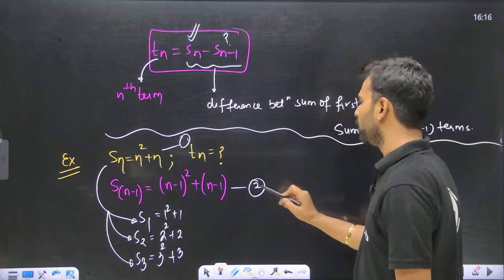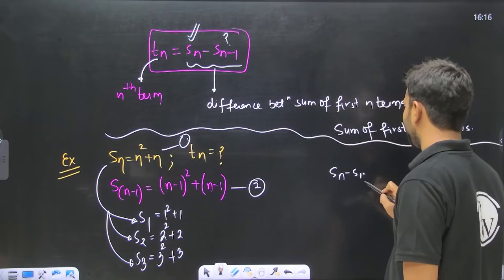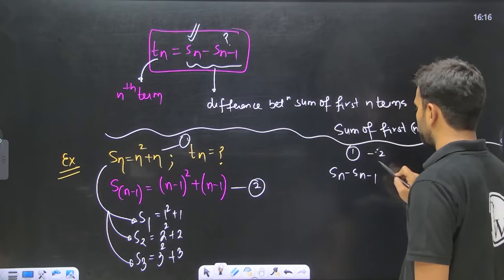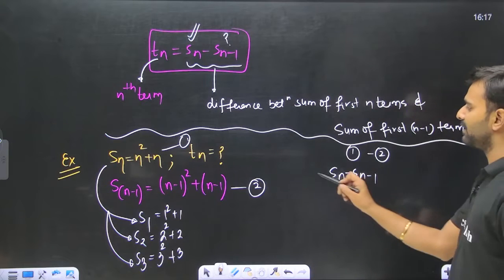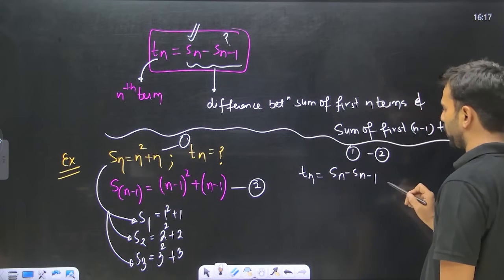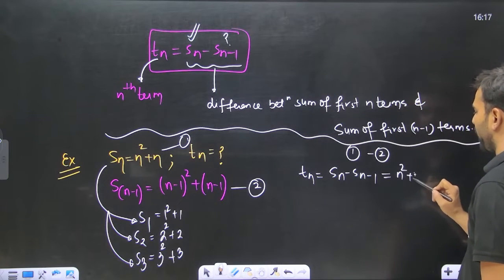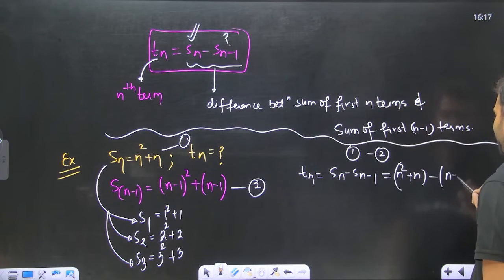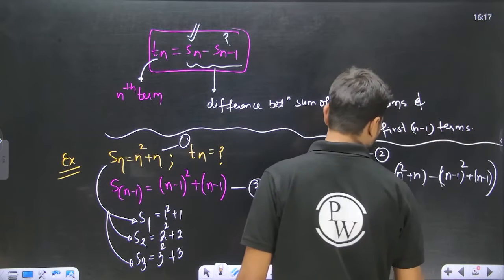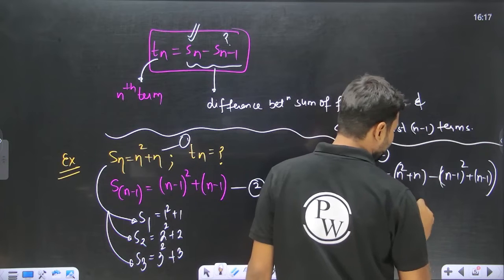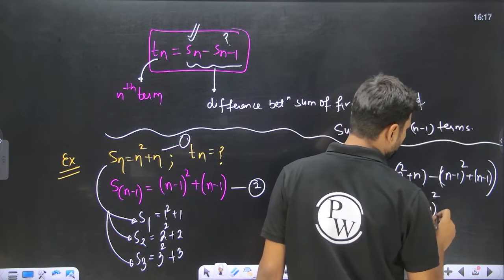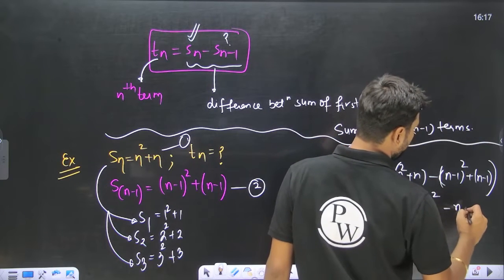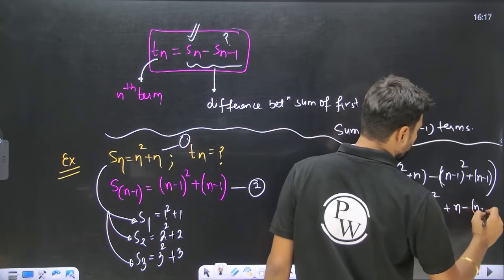So we can do Sn minus Sn minus 1, we are simply doing 1 minus 2. What we are going to get is nothing but the value of Tn, and that is going to be equal to n square plus n minus (n minus 1) whole square plus (n minus 1). Simplify this expression, what we get is n square minus (n minus 1) whole square plus n minus (n minus 1) over here.